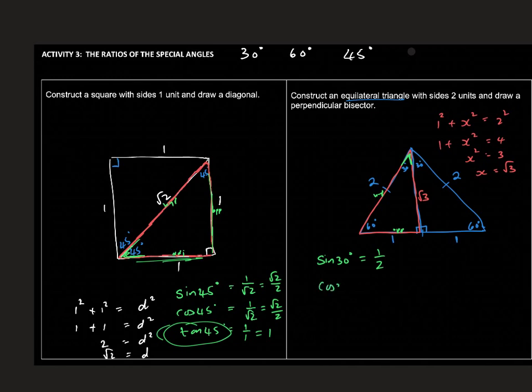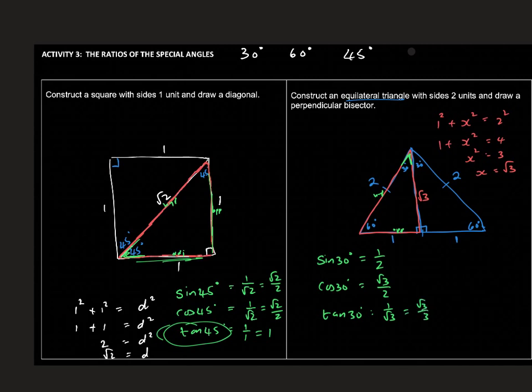Cos of 30 degrees is the adjacent over the hypotenuse, which is root 3 over 2. Tan of 30 is opposite over adjacent, so that's 1 over root 3. And just by the way, 1 over root 3 is the same as root 3 over 3. You can check it on your calculator as well.